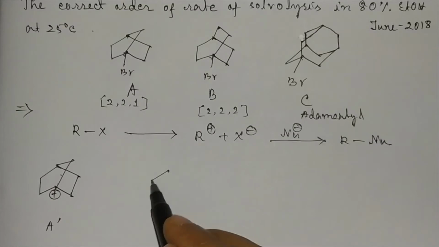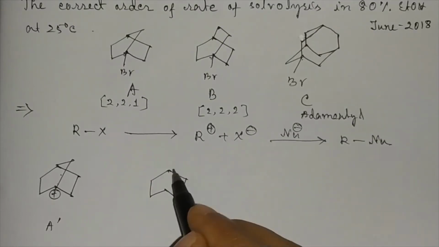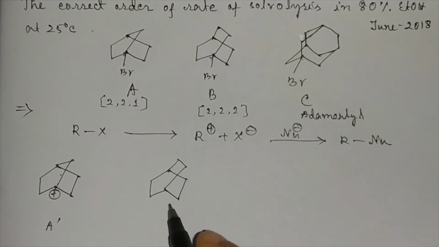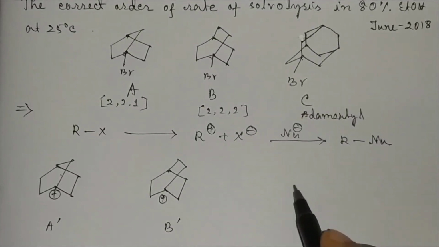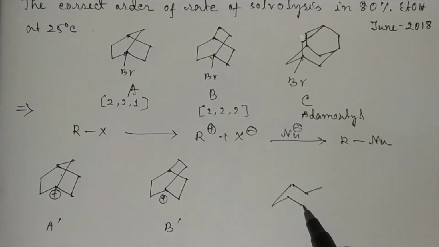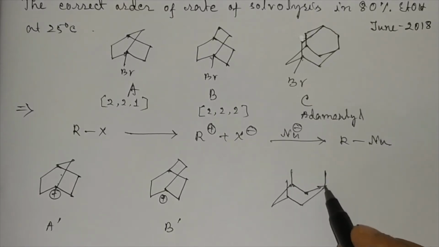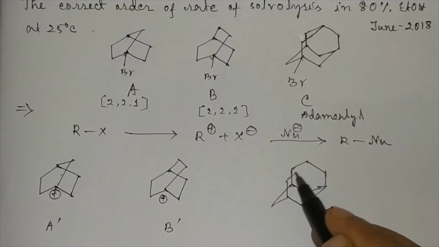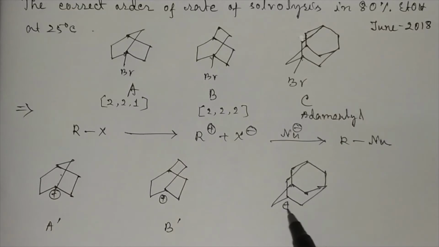From B, this will be formed, this is B prime. From C, this will form.